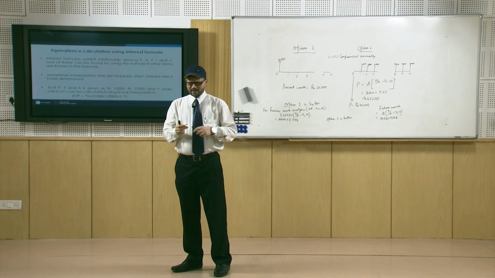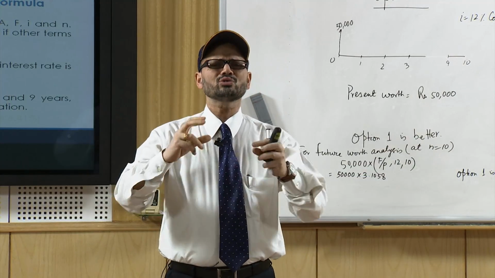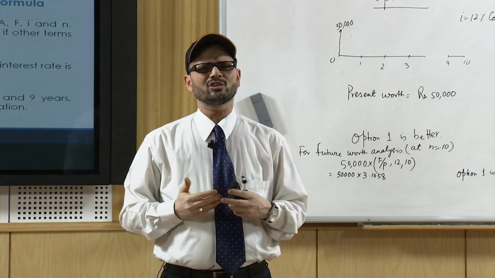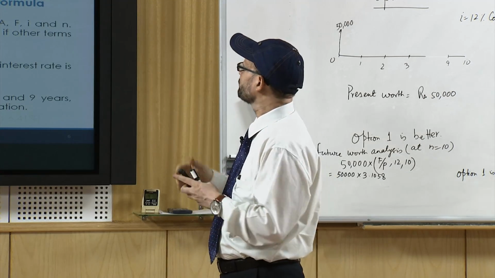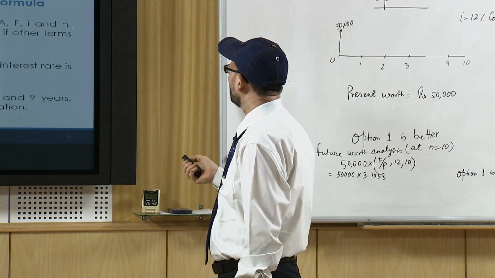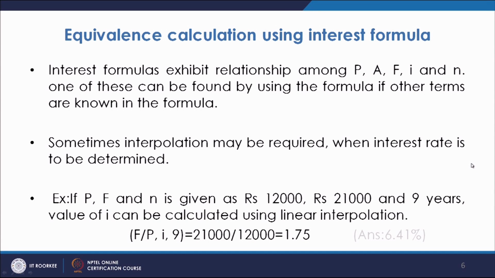Equivalence calculation using interest formula. Many a times you have to use the interest formula. In the interest formula normally we come across the terms like P, A, F, i and N. When we go for annual compounding, we come across these terms: the present sum, this is the annual amount or annuity, this is the future sum, this is the interest rate, and this is the number of years.